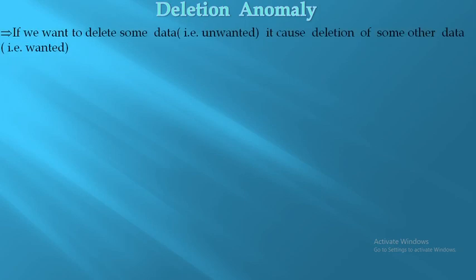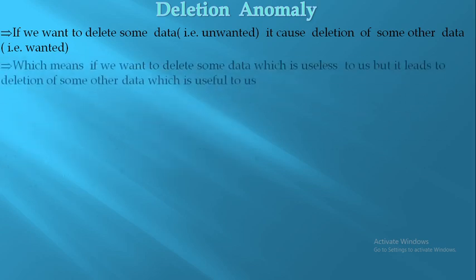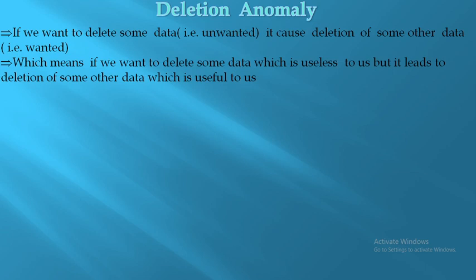Deletion anomaly. Now what is deletion anomaly? If we want to delete some data that is unwanted, it causes deletion of some other data that is wanted, which means if we want to delete some data which is useless to us, but it leads to deletion of some other data which is useful to us. Let us understand this definition with the help of this student table.